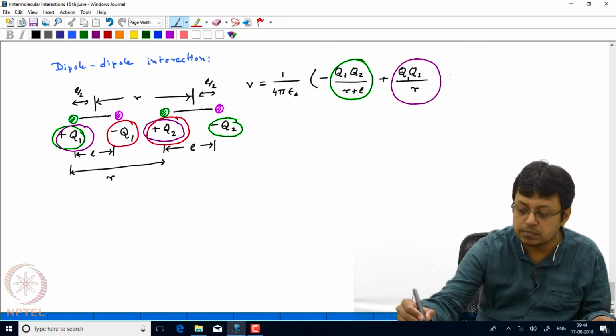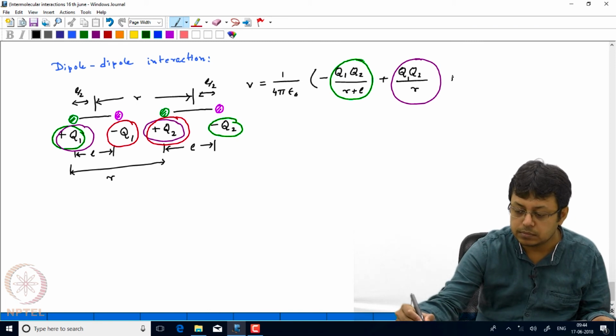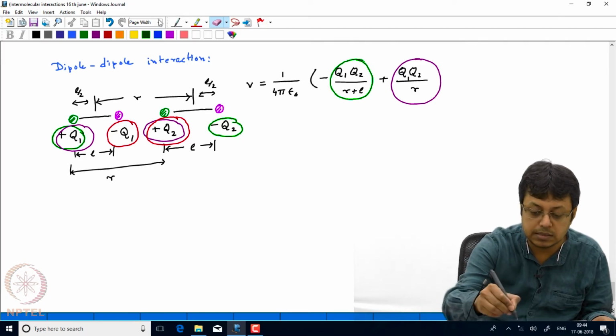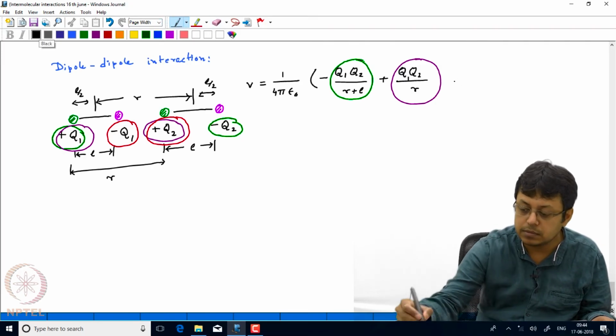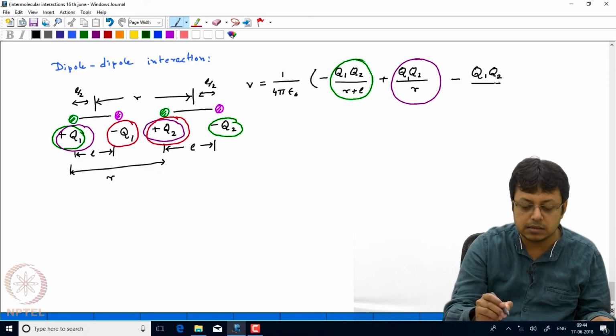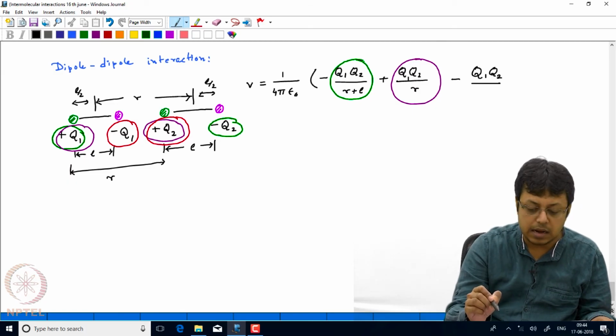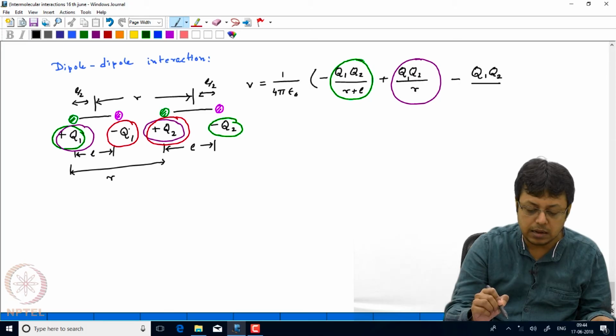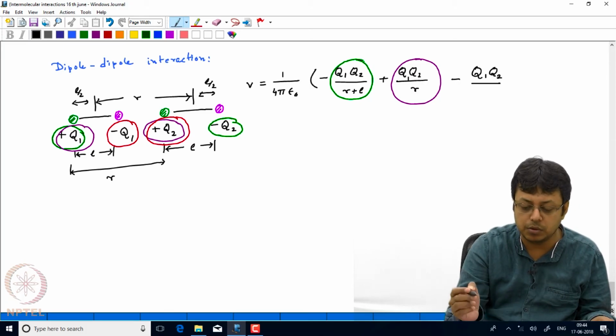That term will be, since this is a minus and plus, overall a minus sign. I will have minus Q1 Q2 divided by, now what will be the distance? As you can see, the center to center distance is R, and then we have to subtract L by 2 from both sides.